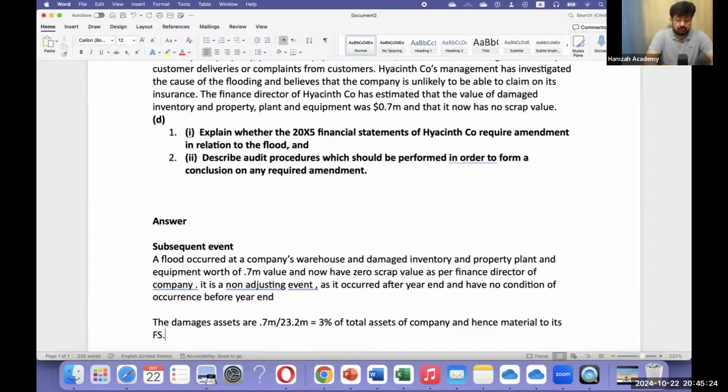Being a material non-adjusting event, it need not be written down in financial statements because it is a non-adjusting event.